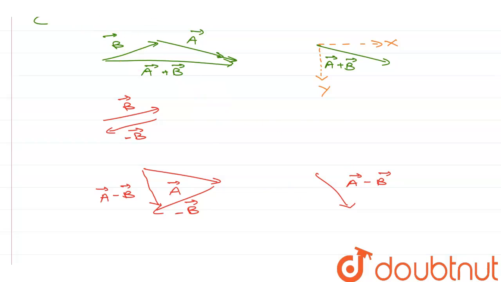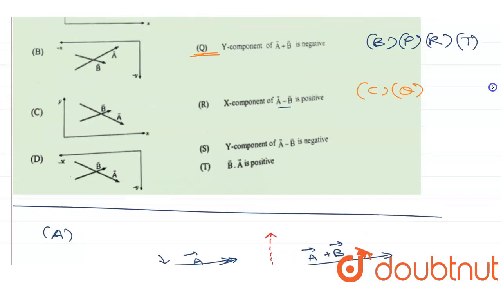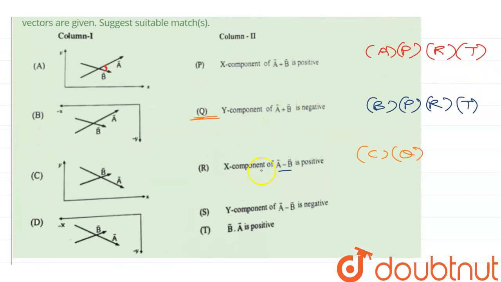And as we can see, its x component is positive but its y component is negative. So y component of A minus B is negative. So option number S matches for option C.